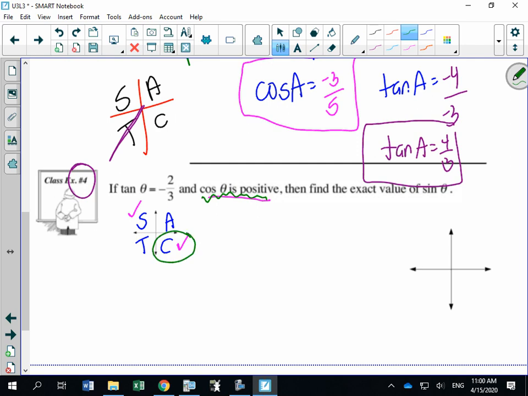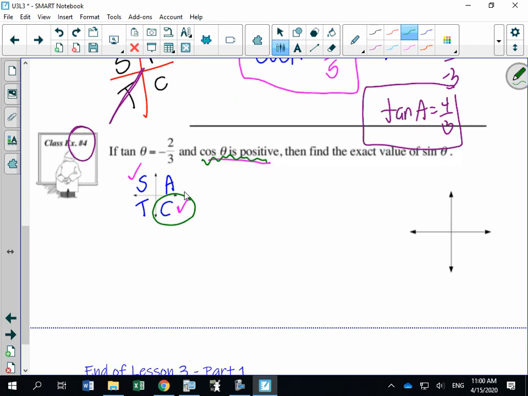There's only one quadrant where tan is negative and cosine is positive. So from these 2 quadrants where tan was negative, the only one where cosine was positive was this one here. So my terminal arm is going to be in quadrant 4.